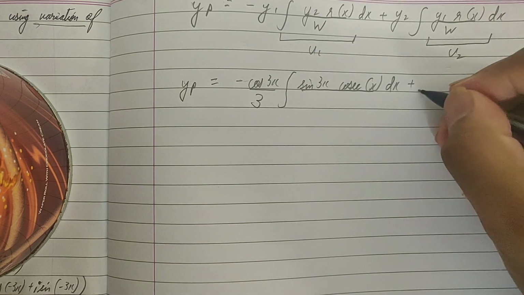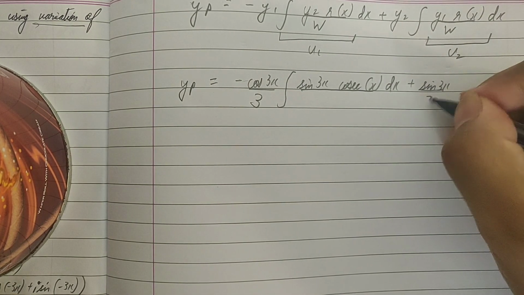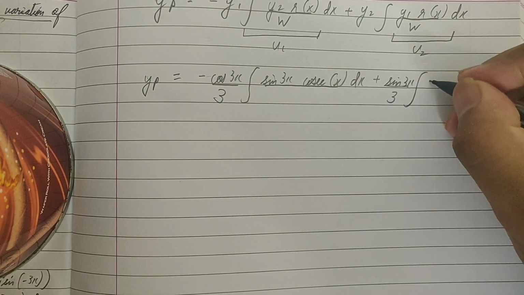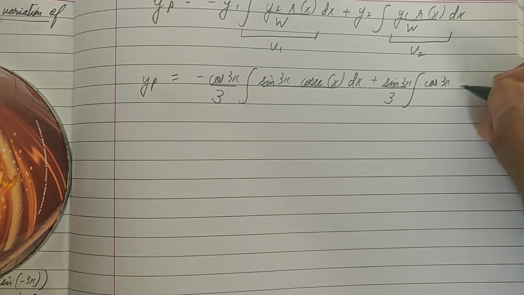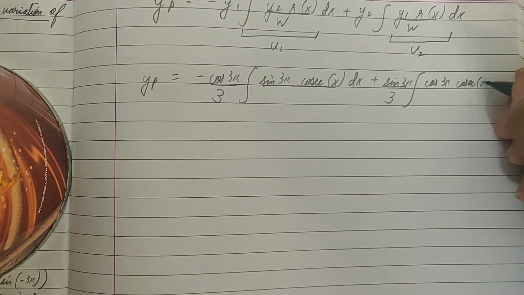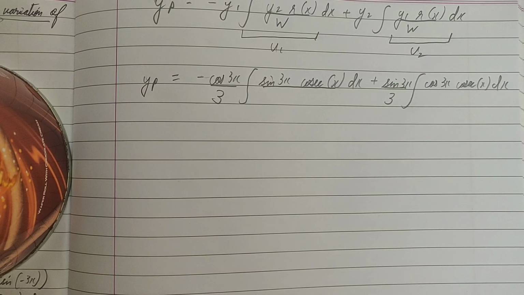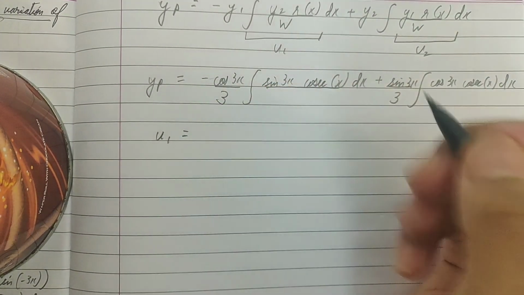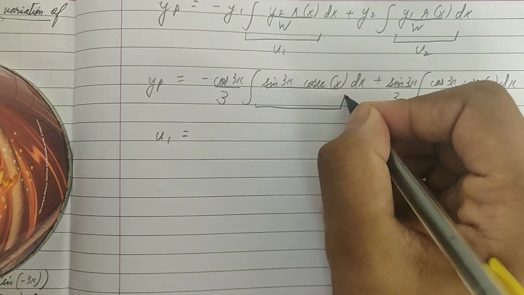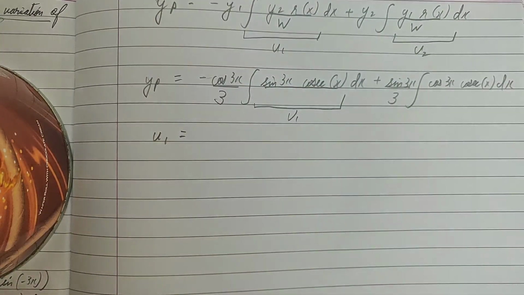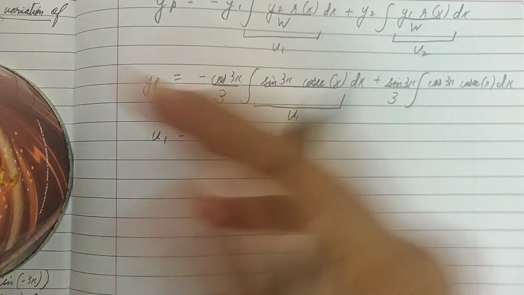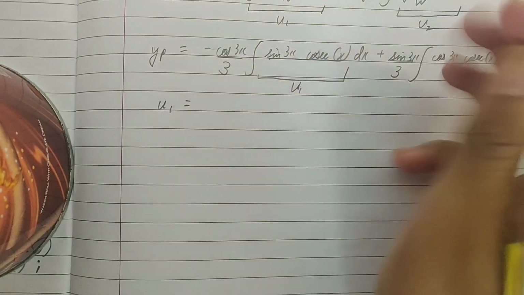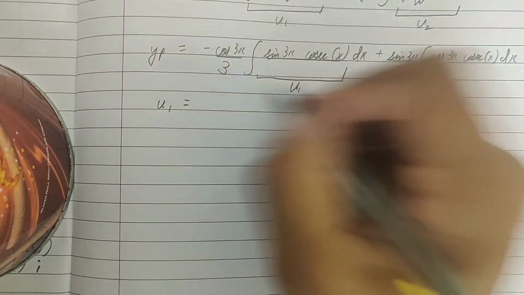Then y2 was sine 3x upon 3 again, plus cos 3x cosec x dx. So just for simplicity, we're going to solve u1 and u2 separately. First we'll solve u1. We're going to leave the 3 over there because we don't really need to do anything extra since it's just a constant.